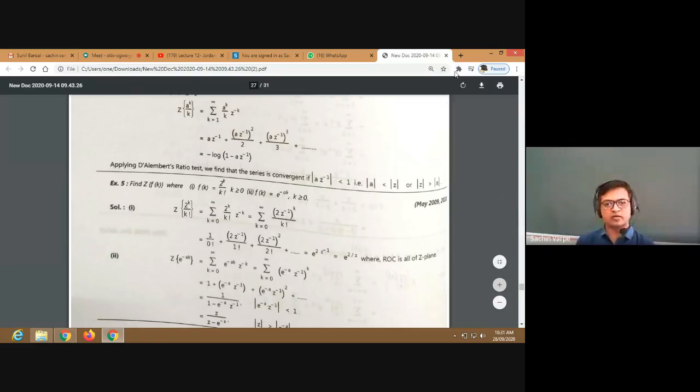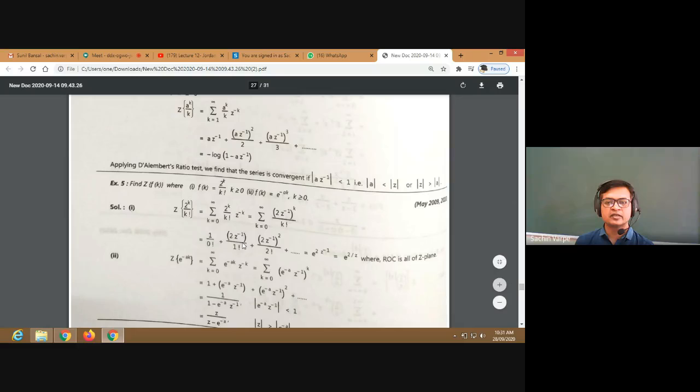So that is not a geometric series, but we can approximate this series to an exponential series, because we know the series expansion of the exponential function, e raised to x. What is the expansion? 1 plus x, or I can say 1 upon 0 factorial plus x upon 1 factorial plus x square by 2 factorial plus and so on, right?